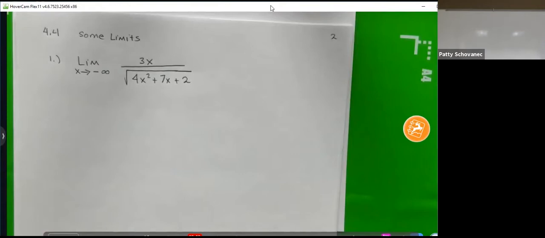So we've got x going to infinity. I've got 3x on top. X is going to minus infinity, in fact. And the square root of 4x squared plus 7x plus 2 on the bottom. Since the numerator and the denominator involve an x, this has the form of infinity over infinity, where typically we would do L'Hopital's rule, except you've been warned about what happens to expressions that have radical signs in either the numerator or the denominator. L'Hopital's rule does not work well with those.